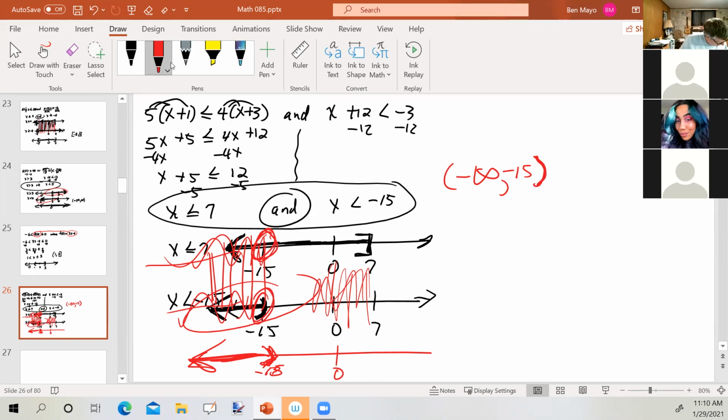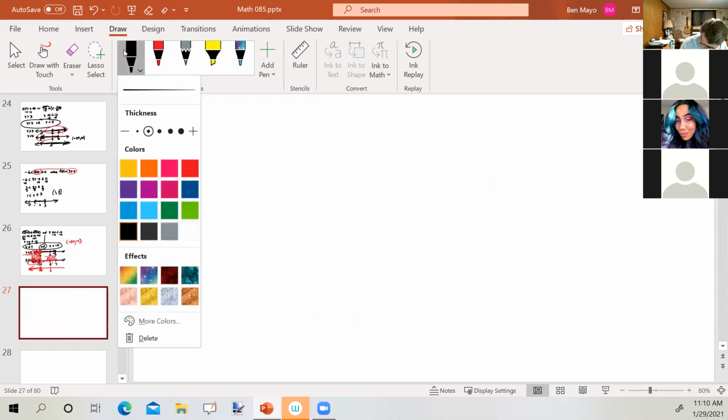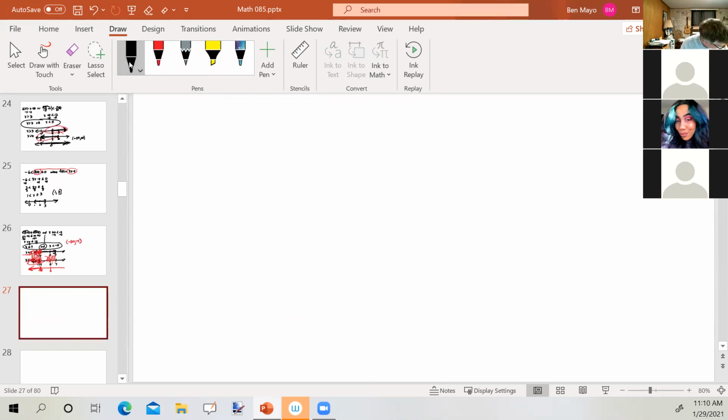Let's see here. But this one, this is another, let's see, double inequality. We've got 0 less than or equal to 4 minus x over 3 less than or equal to 2.